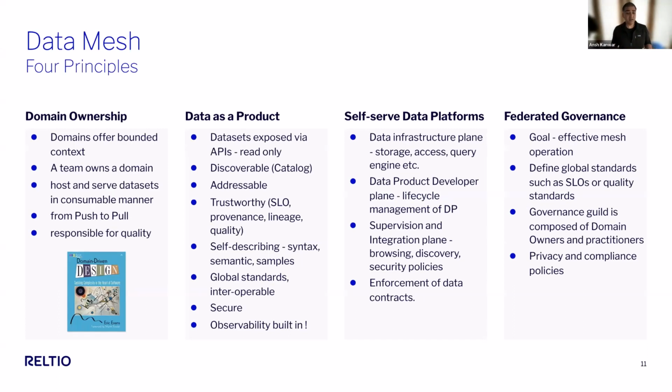This data is self-describing, both syntactically and semantically, but also an advanced data product will bring with it some samples, some examples of how to consume that data, that either may be in documentation or maybe in code.